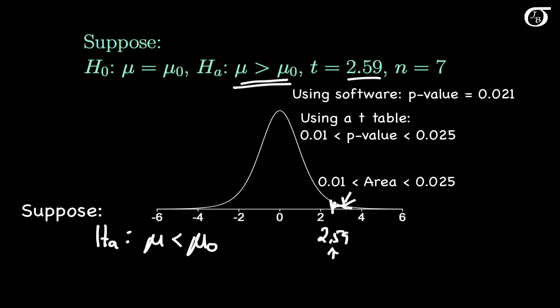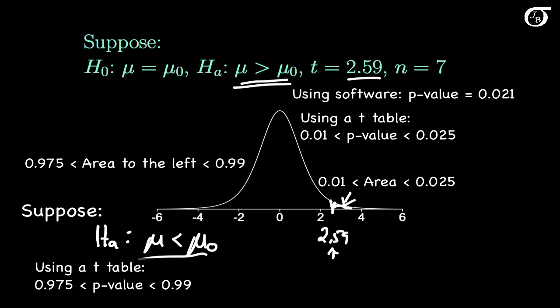The area to the left of 2.59 must lie between 0.975 and 0.99, since the area to the right was between 0.01 and 0.025. And for this alternative hypothesis, that area to the left is the p-value. So for this alternative, the p-value must lie between 0.975 and 0.99.